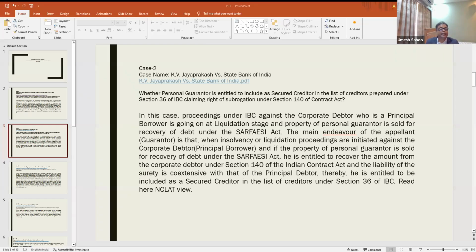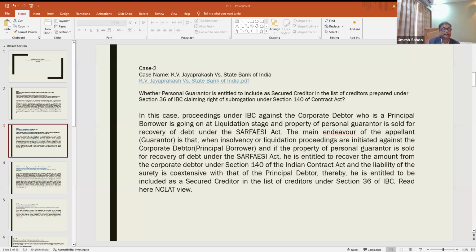Sometimes some people have given a guarantee, a personal guarantee or a corporate guarantee, in favor of the corporate debtor. Sir, this is very vital. And many times it is invoked by the financial institution or financial creditors. In this case also the same happened. The CIRP had already started.